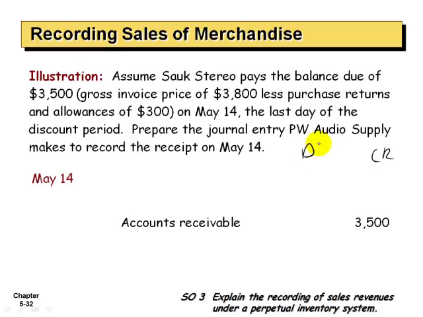And the offsetting debit, of course, I know I'm going to debit cash because that's what we're collecting, increasing that asset. But we're not going to collect all 3,500. We're going to collect only 98% of this because we're giving our customer a 2% sales discount. Remember, we're the seller. From our viewpoint, this is a sales discount.